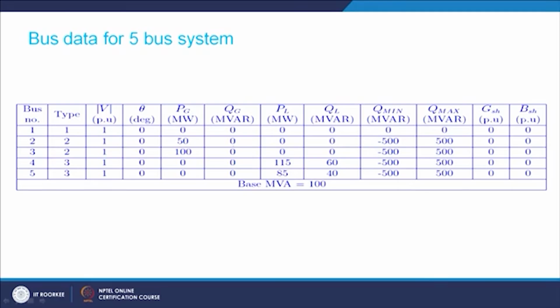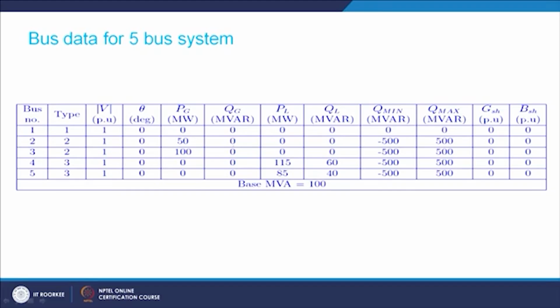Similarly, injected real power at bus 5 would be minus 0.85 pu. Similarly, injected reactive power at bus 4 would be minus 0.6 per unit, and that at bus 5 would be minus 0.4 per unit, and injected real power at bus 2 would be 0.5 per unit, and that at bus 3 would be 1 per unit.